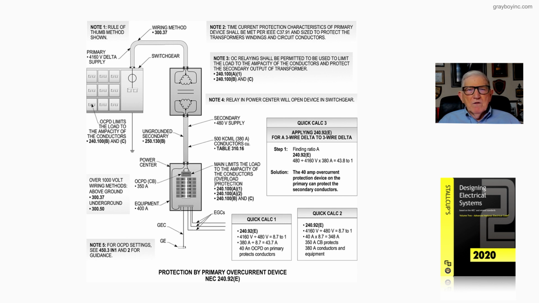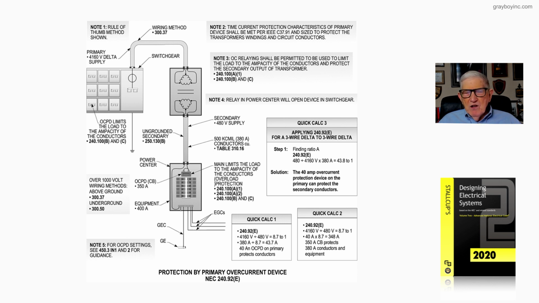The wiring method is run overhead, so we can get an outline of those in 300.17. And as you can see, that's a delta connected primary and a delta connected secondary, and it's an ungrounded system in accordance with 250.130(B). The secondary voltage is a 480 volt supply.